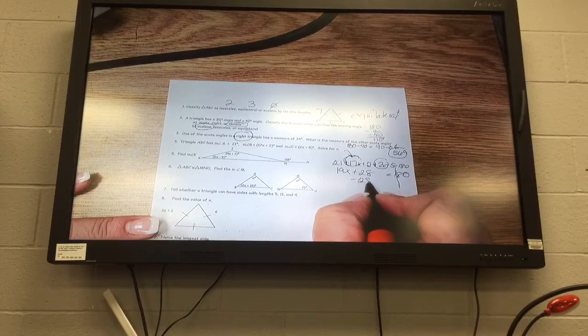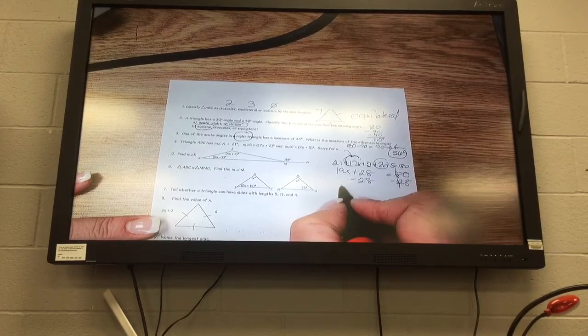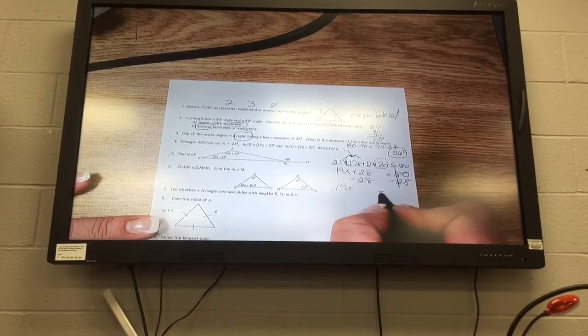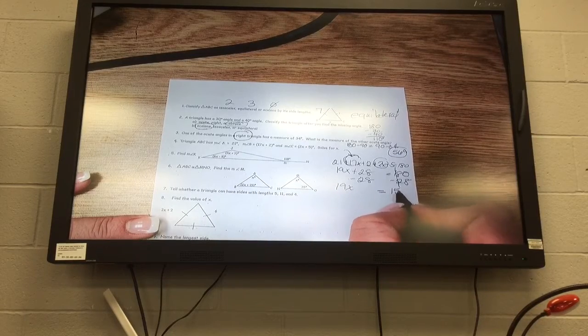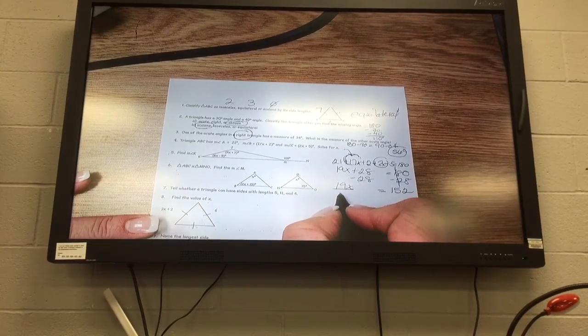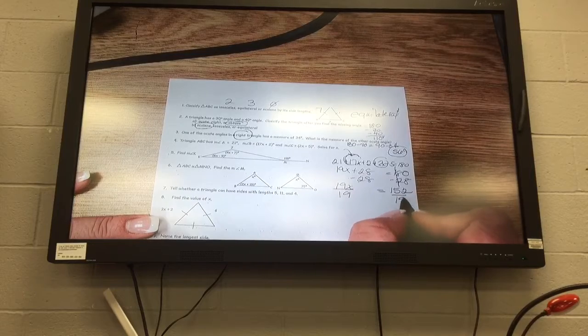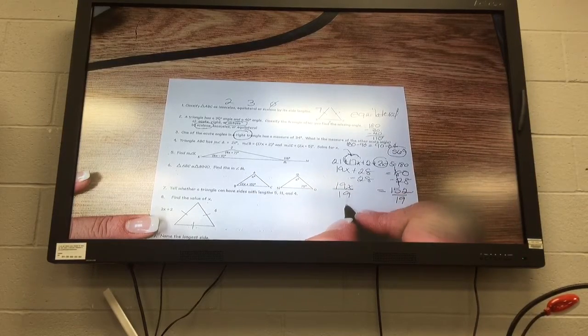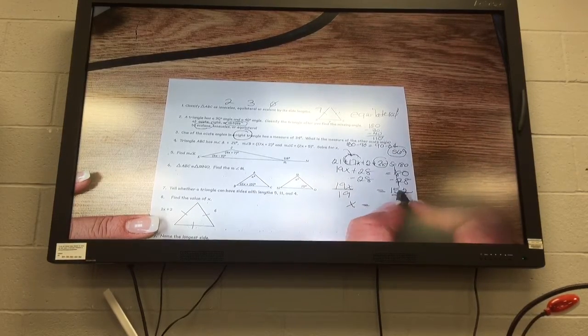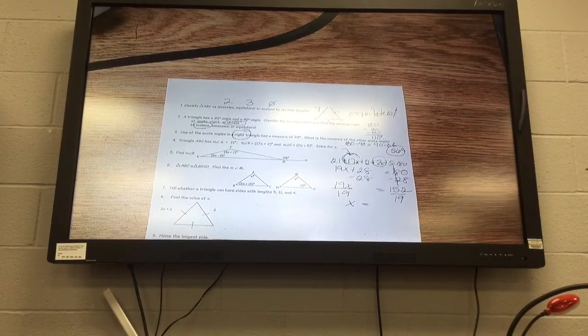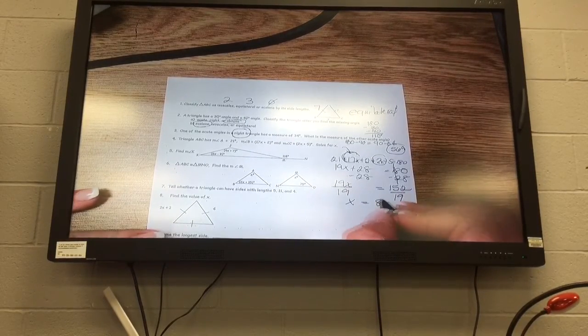I'm going to subtract 28 from both sides, and I get 19x equals 152. I don't have the calculator with me, and I don't know this off the top of my head. When I take 19x divided by 19, I get x, and then 152 divided by 19, 8. So x is 8.